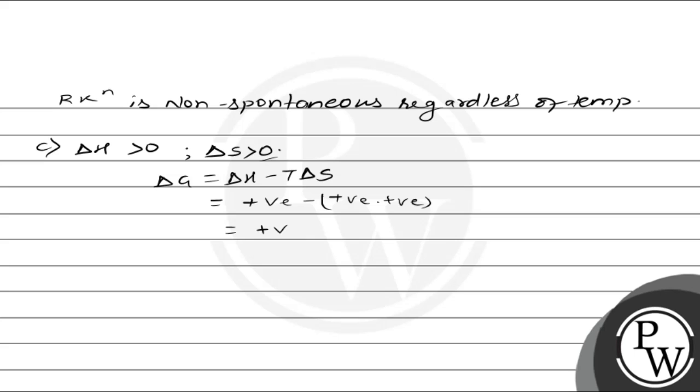This means positive minus positive. If this term is greater than delta H, then only delta G is less than 0. This means the reaction is spontaneous only at high temperature.